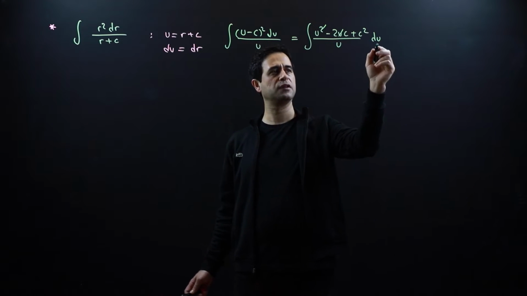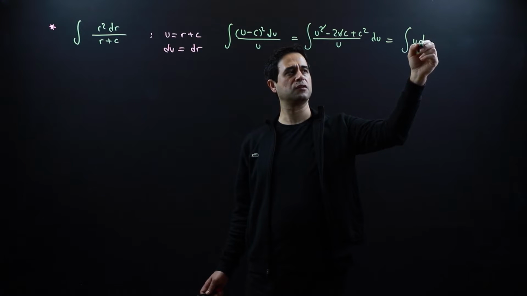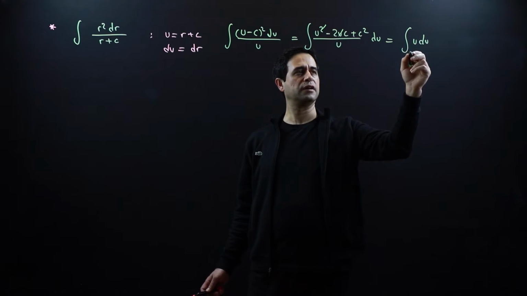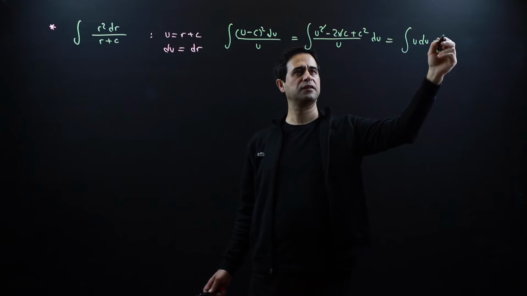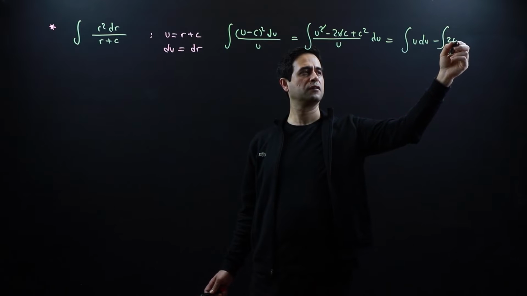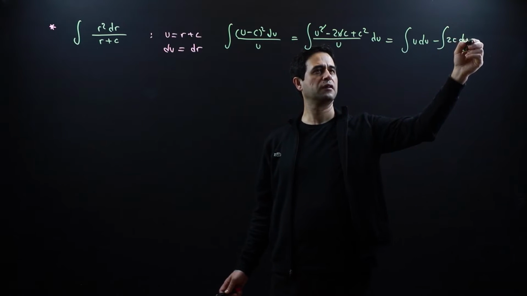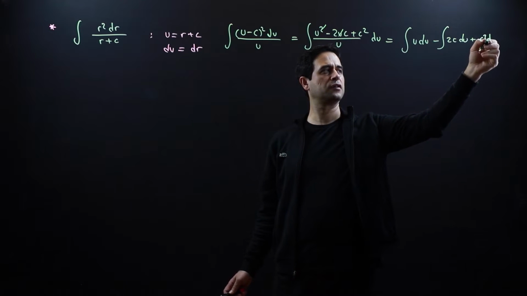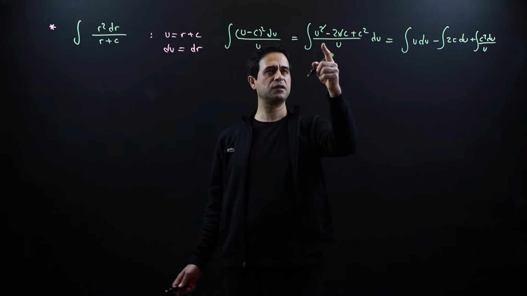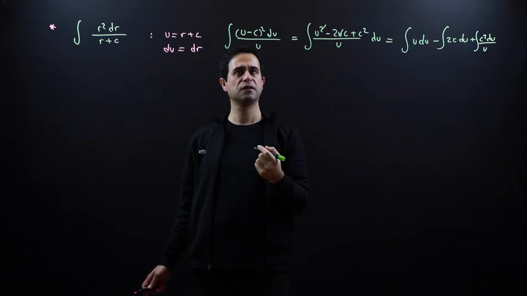So this integral will be u times du, that's one integral, that's this term. And minus 2c times du, just a constant. And I have c squared du divided by u. So you will have three different terms in the integral, and each can be integrated easily.